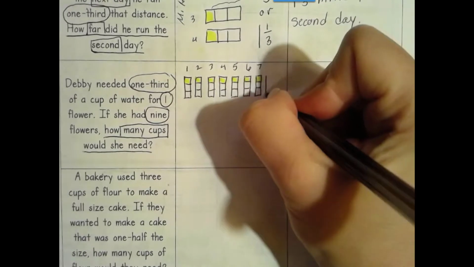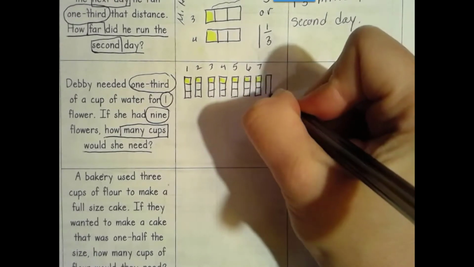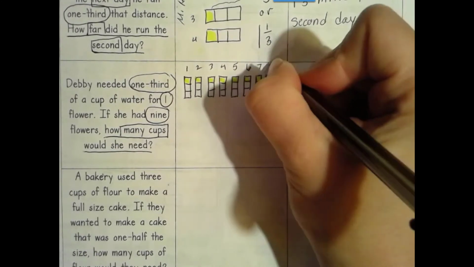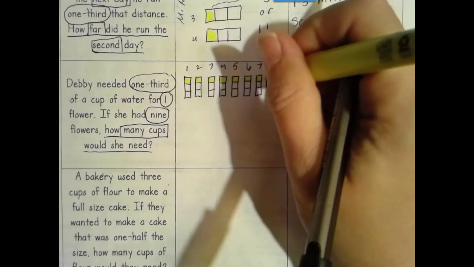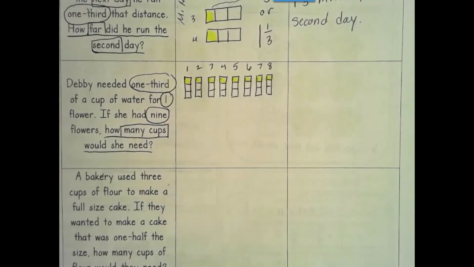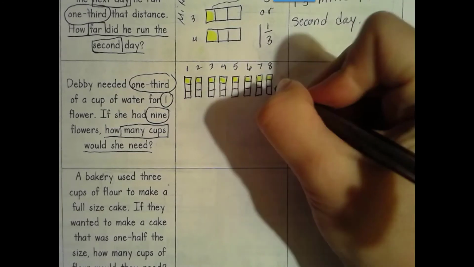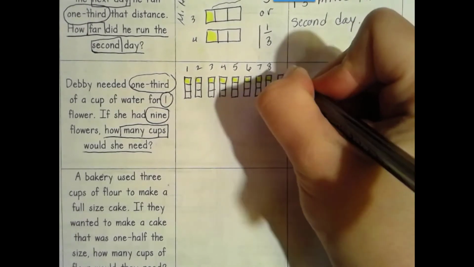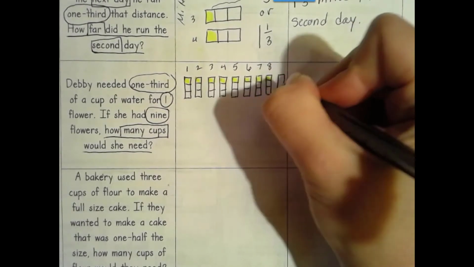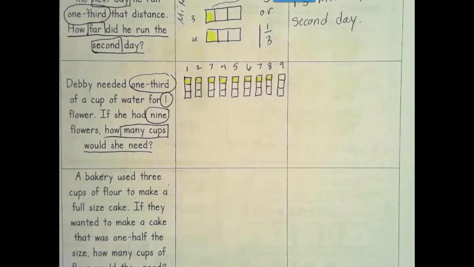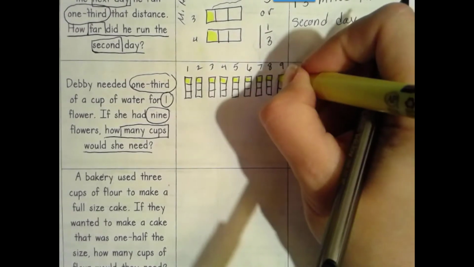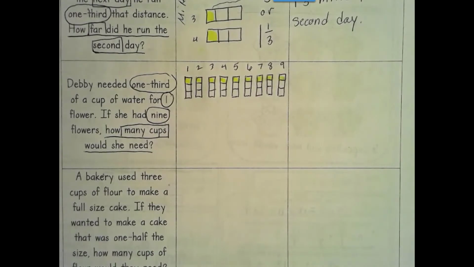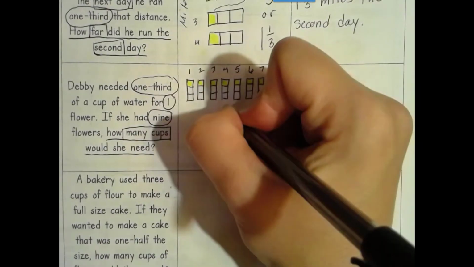The eighth flower gets 1/3 of a cup. And then the ninth one gets 1/3 of a cup. So this represents our flowers.